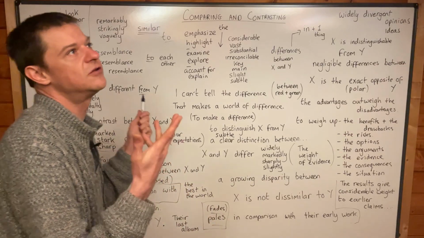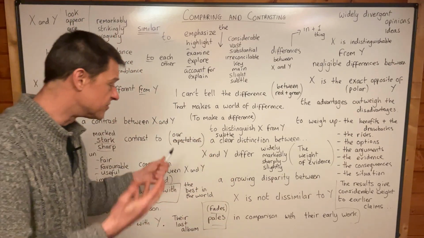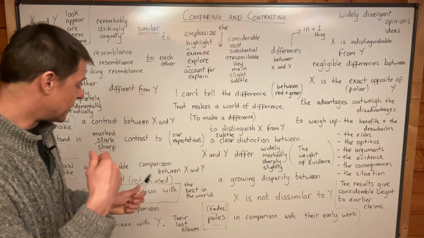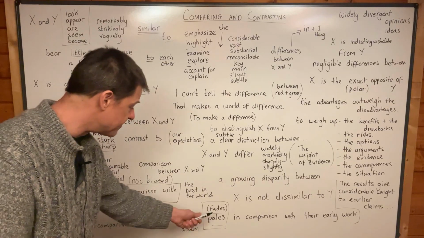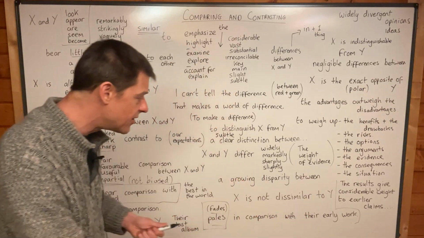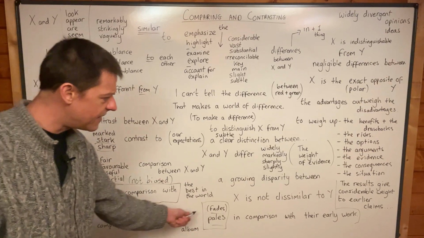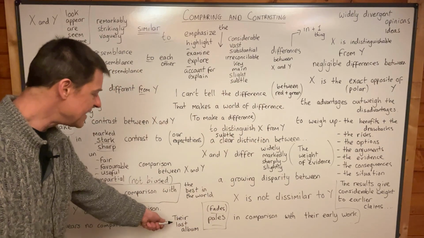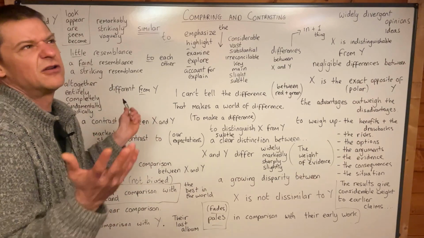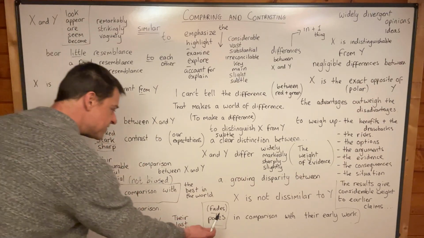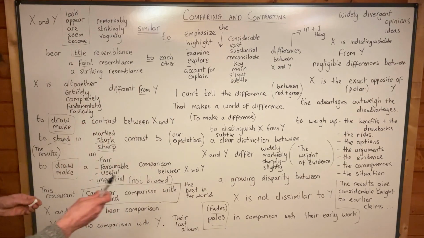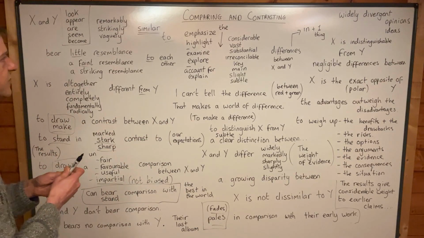When something fades, it loses colour. When something pales, it loses colour. And so if you say their last album pales in comparison with their early work, you're saying that their last album was rubbish. And when you compare it to their early albums, it fades. It's not so bright. It looks rubbish. Yeah. And so this to pale in comparison with is very good for making comparisons.